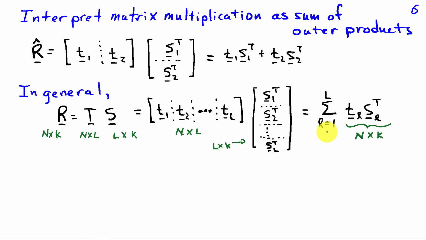In other words, R is equal to the sum from lowercase l equals 1 to capital L of T sub l, S sub l transpose.